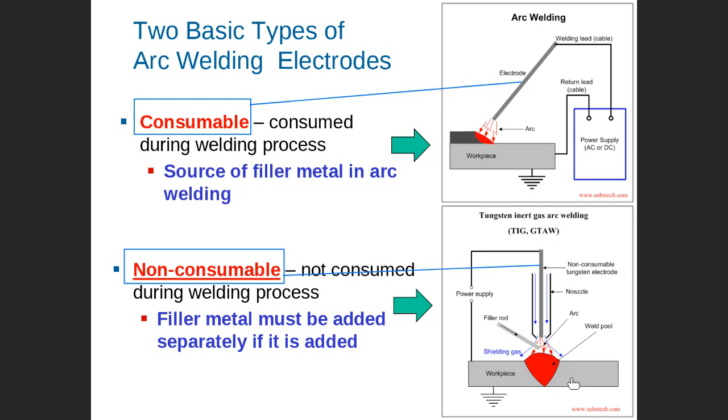Why? Because the electrode will not be melted and deposited as a filler. The filler must be added separately. This wire will be melted and deposited in the weld. Is it clear? This is the consumable electrode. This is non-consumable. Remember, in arc welding we have consumable electrode and non-consumable electrode, right?